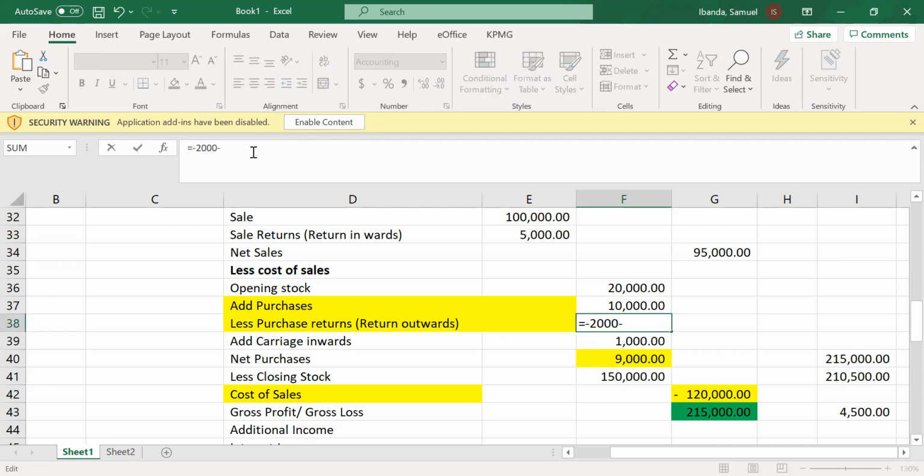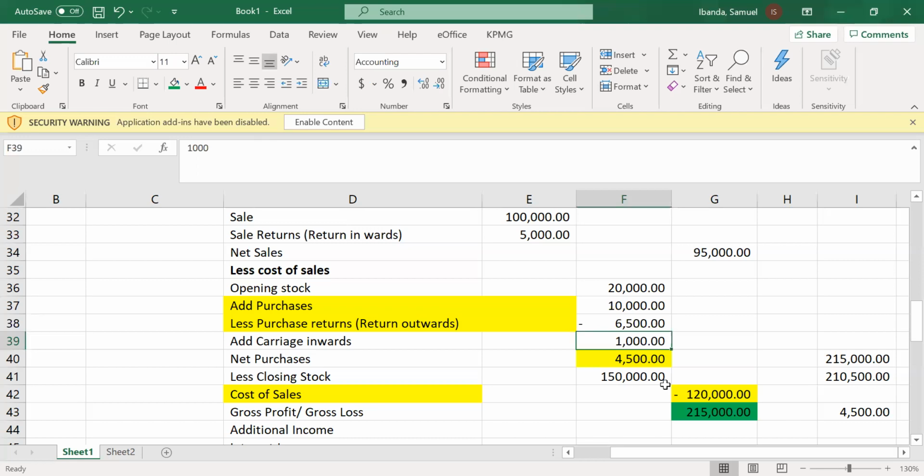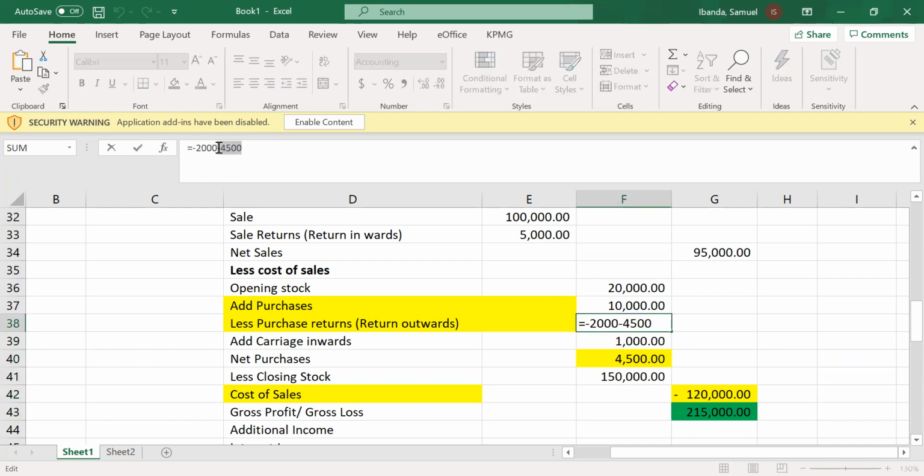So let me put it here. The previous purchase returns were 2,000, and now it is 4,500. Let's first test this a little more so we can understand.